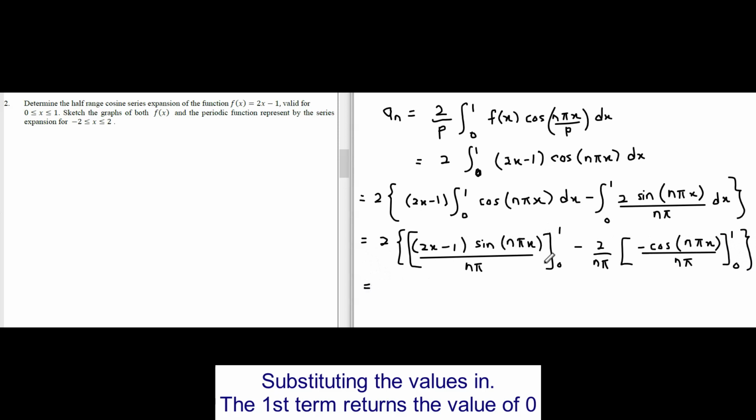Substituting the values in the first term returns the value of 0.